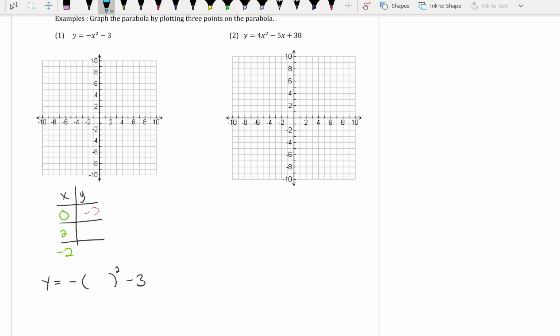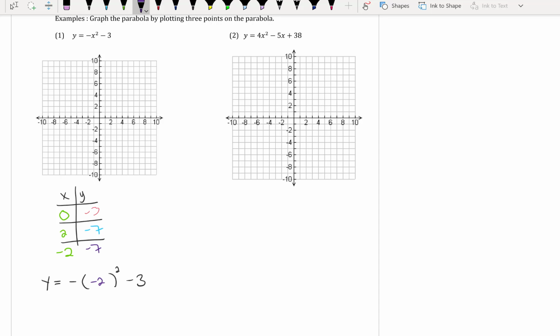So now let's try our +2. So I have negative parentheses 2 squared minus 3, and that gives me a -7. Now let's try our -2. So negative parentheses -2 inside parentheses squared minus 3, and that also gives me a -7.